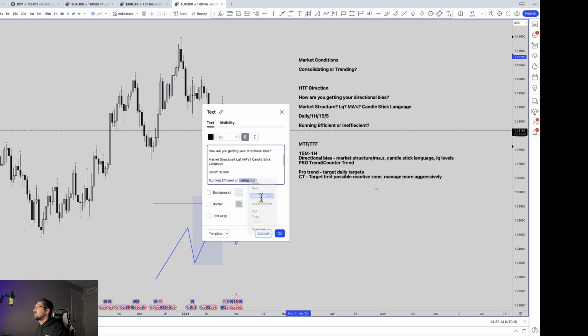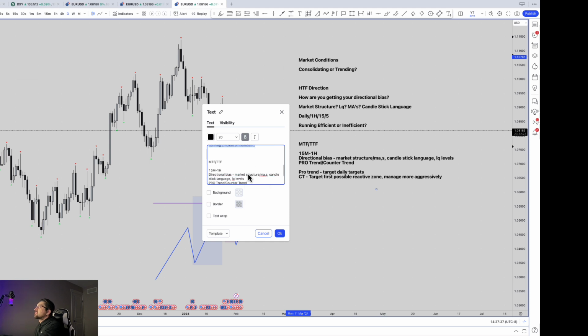If you're running inefficient, that could signal one of two things. Either the market's highly likely to come back, or price is barely pulling back and you have a lot of momentum, in which case you will basically come back to this another day to rebalance, and this will usually be on a higher time frame.